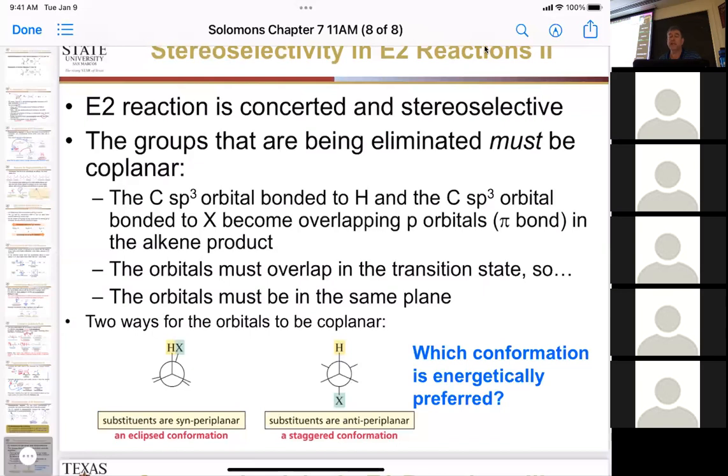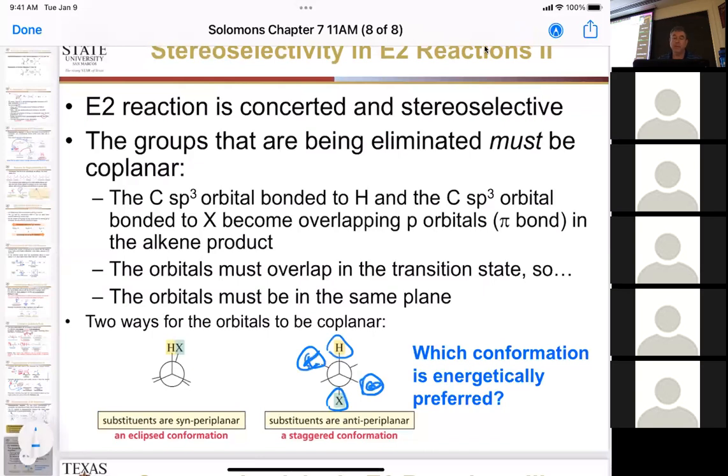Okay, so that means when we arrange our system, we want to have, let's say, a big group here, and a big group here. In this case, the two large groups are anti, and the hydrogen and the leaving group are anti as well. So both of them are anti, and we have these two groups here.